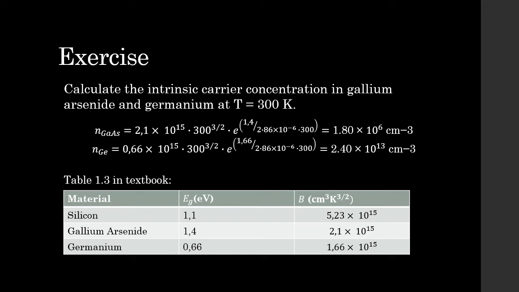So basically we look at table 1.3 in our textbook and we can get these unknown terms Eg and B. Temperature was given and the intrinsic carrier concentration for gallium arsenide and germanium can then be calculated. 1.8 times 10 to the 6 and 2.4 times 10 to the 13. All right, and that's it, guys, for intrinsic semiconductors.